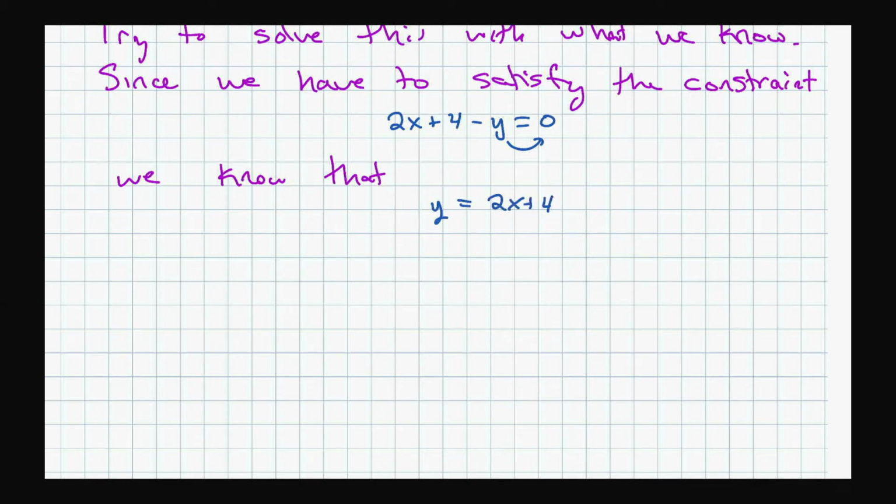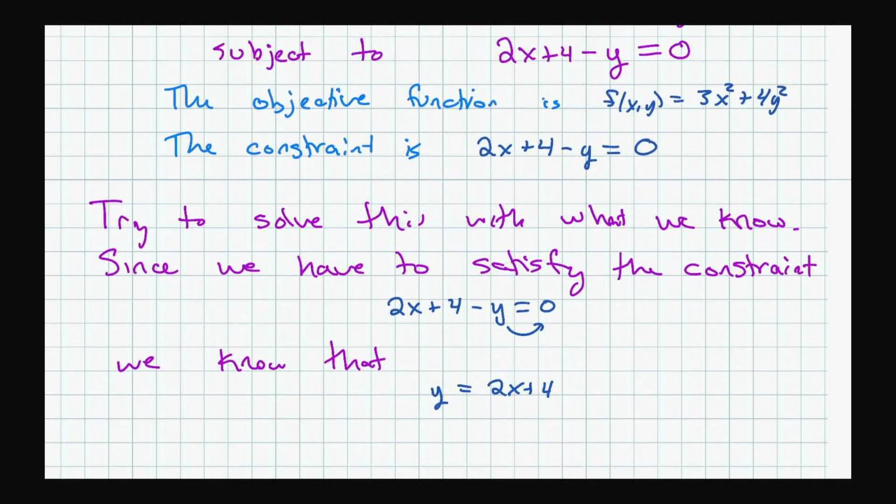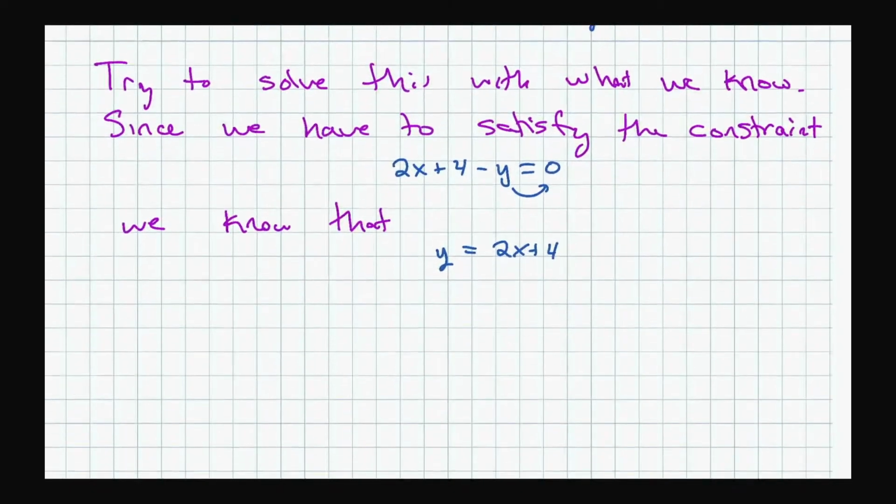This is just the constraint again, with the y moved over. This has to be true in order to satisfy the constraint. Then you can take this and substitute it into your objective function, and that would make your constraint satisfied, because if you substitute this in, you're going to make sure that that's true. Okay, so we could do that.